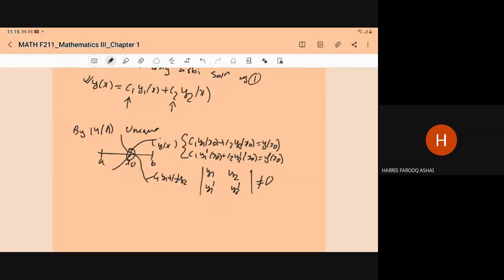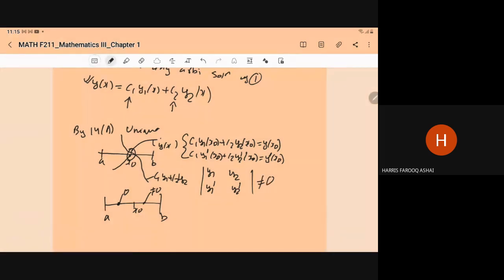So if this is x naught, between a and b, can we have the condition that at one point this determinant is 0 and at another point it is not 0? Can we have this fluctuating thing, for some point 0 and for some point non-zero?